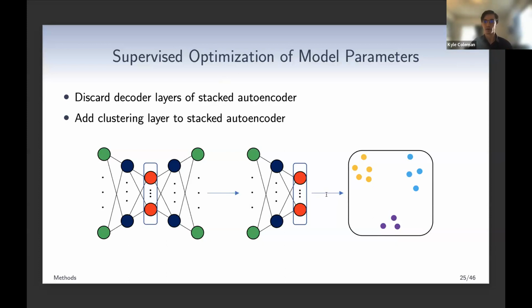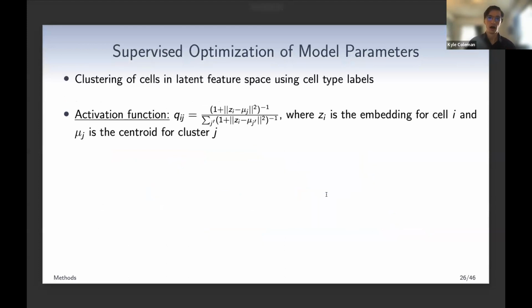I'm next going to go into more detail about what that clustering layer is doing and what it's trying to optimize for. At this stage, we're no longer using the SRT data for model training. We're solely using the labeled scRNA-seq data in order to cluster cells in our latent feature space using cell type labels. The activation function for our clustering layer is given by Qij, which can be thought of as the similarity between cell i and cell type j in our scRNA-seq data set.